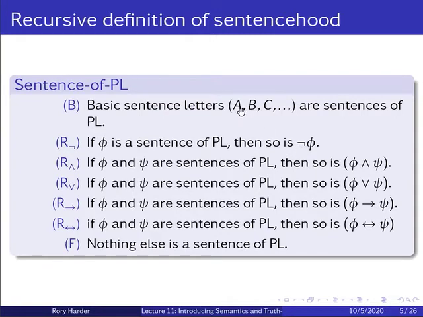We start with A, then we can have not A, then we can apply this rule again to get not not A, then again to get not not not A. And forever we can apply this rule to create an infinite number of sentences where we keep on adding a negation. That's a very simple illustration, but similarly, we can apply these rules over and over to construct ever more complicated sentences.